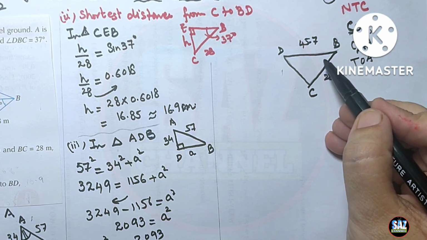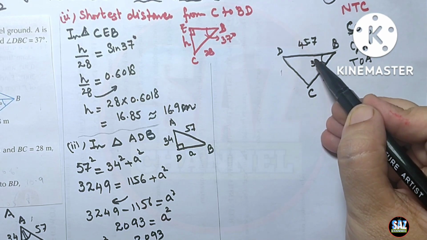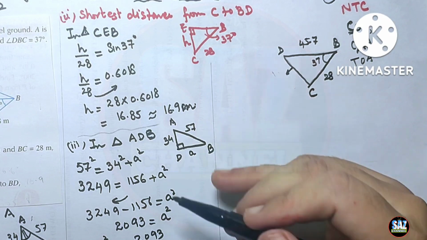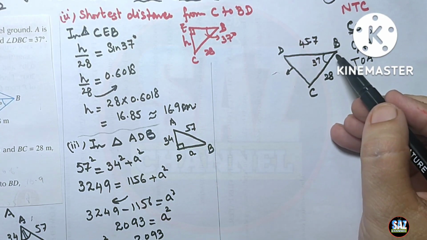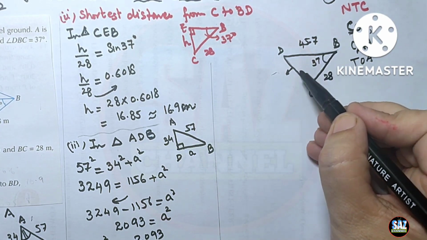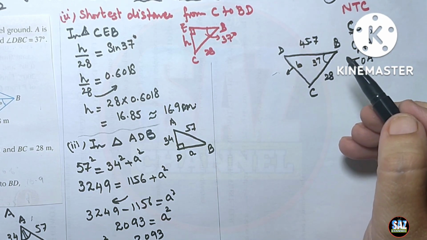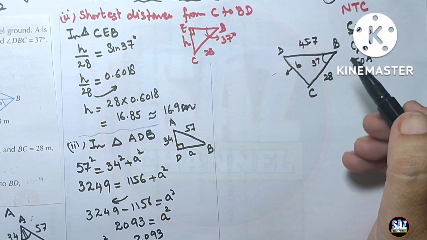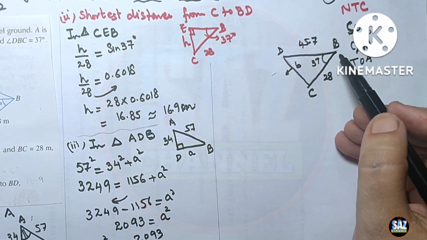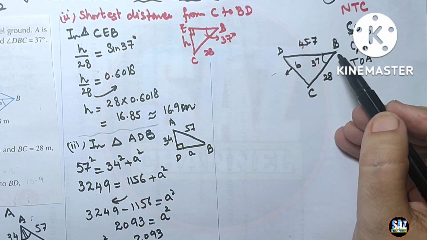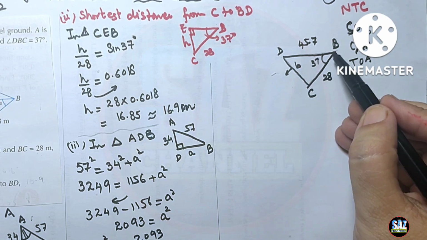Now first we have to find this DC side, and DC is the side in front of B, so it will be b. As the triangle is not a right angle triangle, we have to apply either sine law or cosine law, but we are given two sides and the included angle, so cosine law.